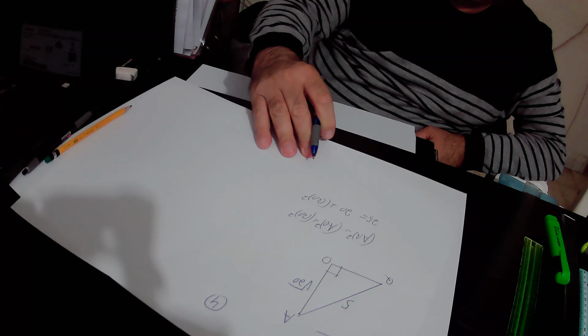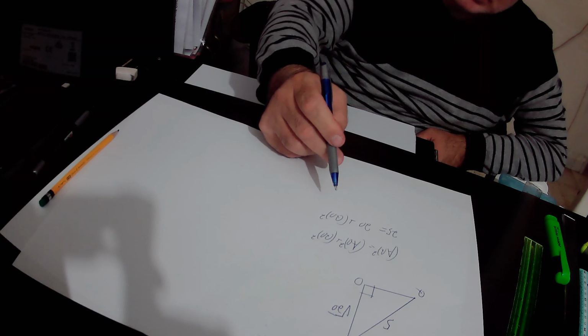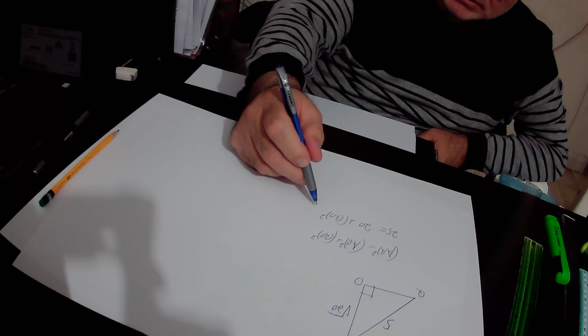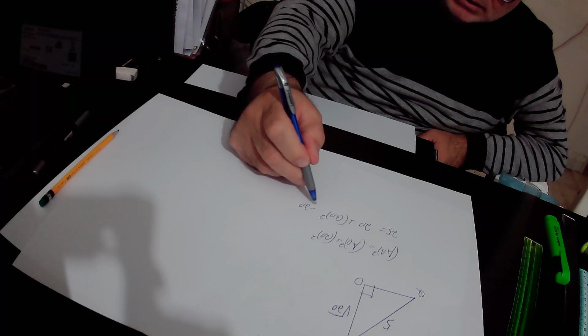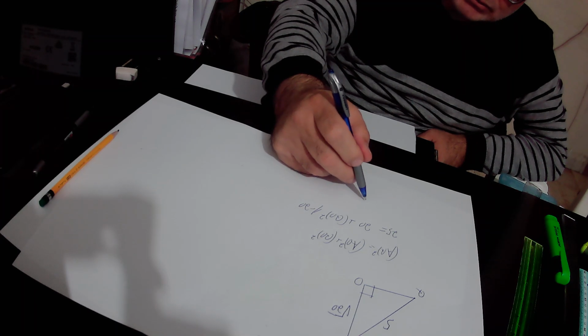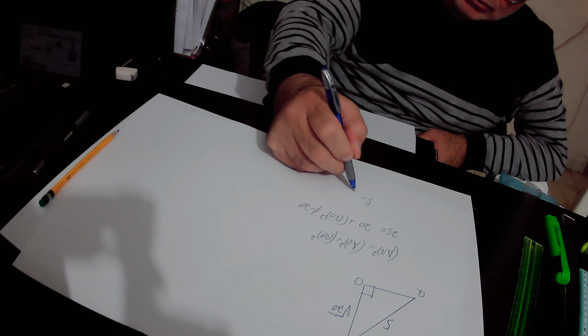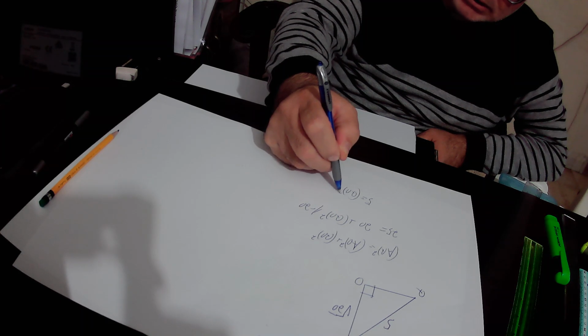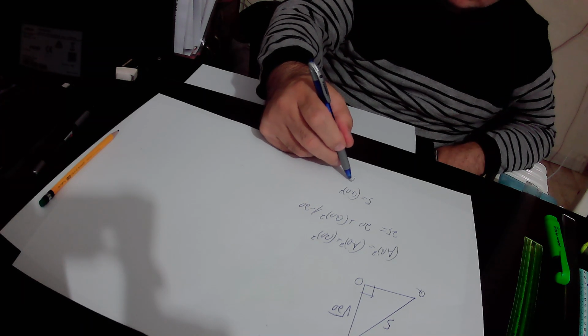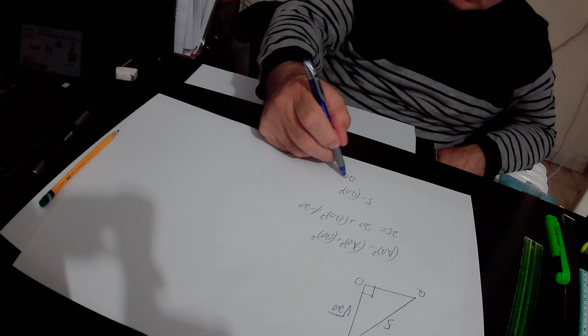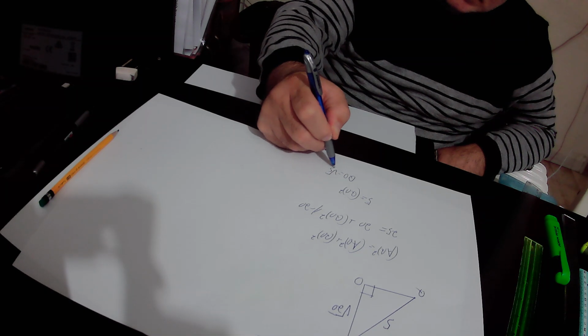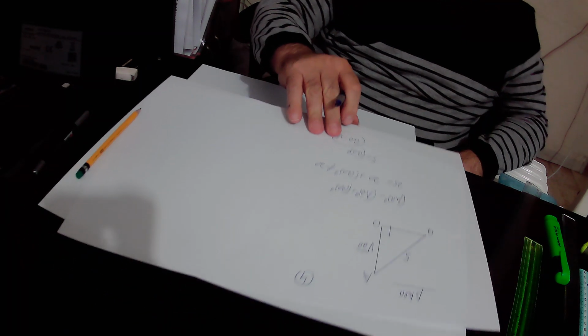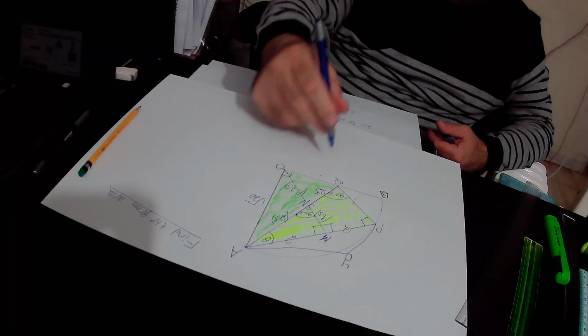So 25 equals 20 plus QO squared. We subtract 20 from both sides, and 25 minus 20 is 5, equals QO squared. Taking the square root, QO equals the square root of 5 units.